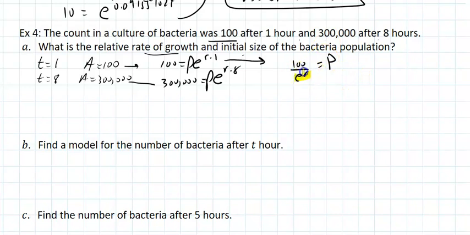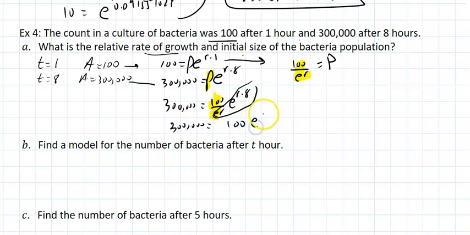Now substitute it there. Wouldn't that mean 300,000 equals 100 over e to the R times e to the 8R? Don't you subtract exponents when you divide? Isn't that saying 300,000 equals 100 e to the 7R?